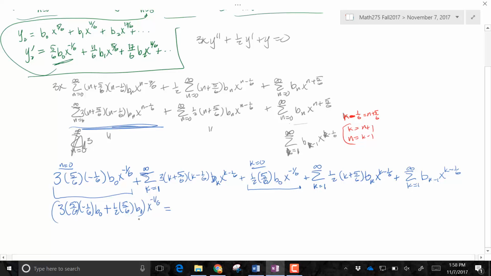And if this is going to be equal to 0, we're solving for b naughts or finding relationships with b. So looks like b naught's going to be equal to 0. Wait a minute. What should b naught be? 0. But this has to equal 0, right?